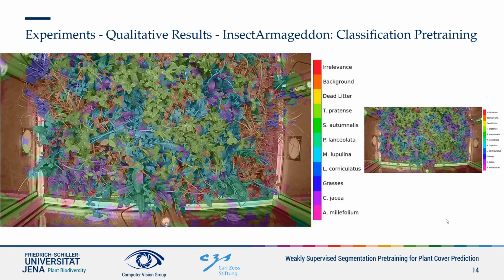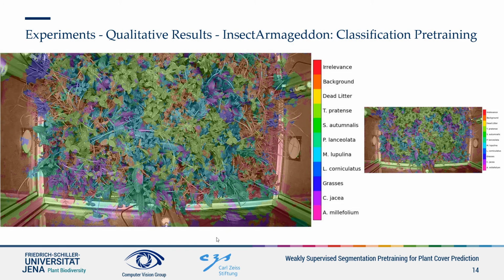Taking a look at some qualitative results, here we can see on the left side the segmentations generated by our network using classification pretraining, where we can see that the dominant plant species in the dataset, for example Trifolium pratense here in green, and Plantago lanceolata in turquoise down here, are segmented correctly in most parts. Most parts of the segmentations are still quite all over the place.